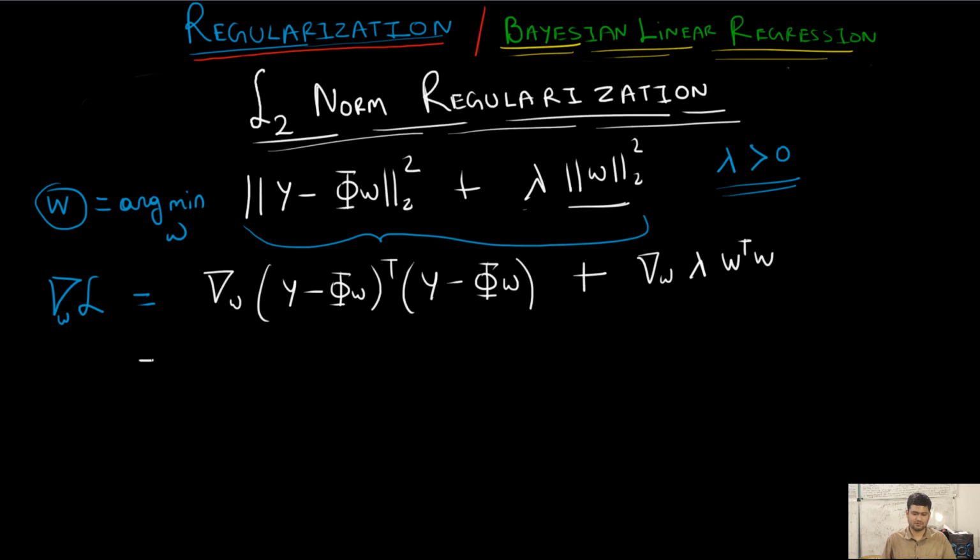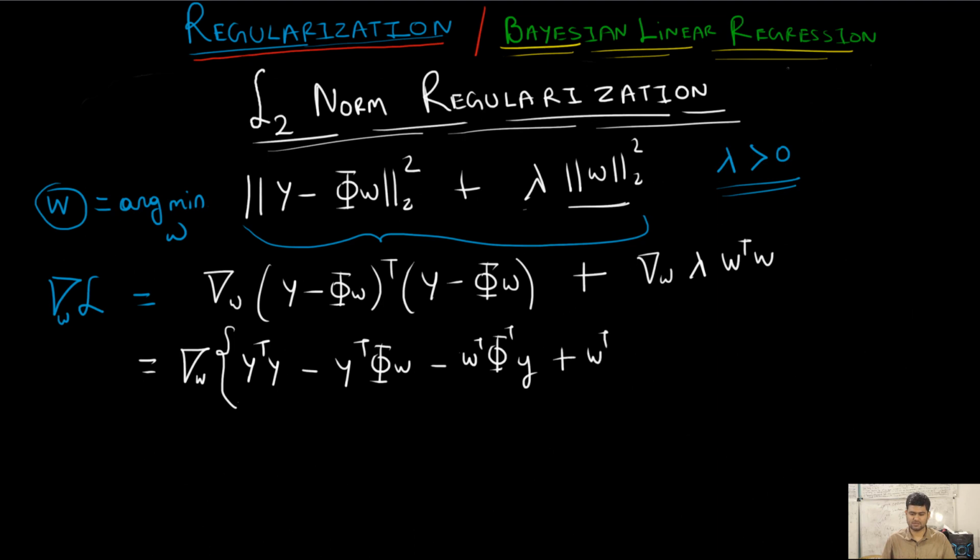So this is the gradient with respect to w of y transpose y minus y transpose phi w minus w transpose phi transpose y plus w transpose phi transpose phi w plus lambda times w transpose w.